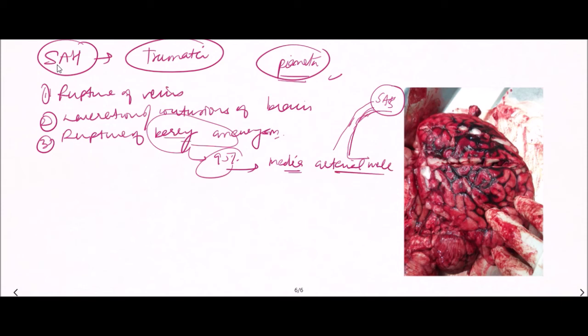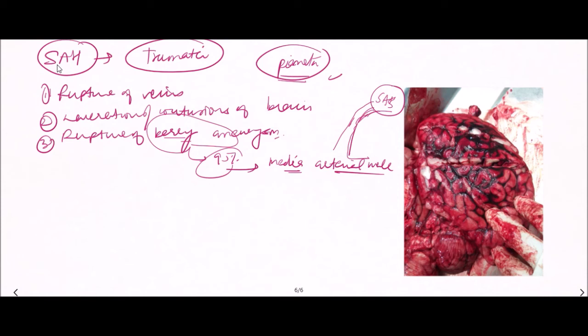Now, what happens in spontaneous cases in hypertensive patients? There may be spontaneous subarachnoid hemorrhage in persons with severe hypertension due to rupture of microaneurysms at the bifurcation of small intraparenchymal arteries or vessels.